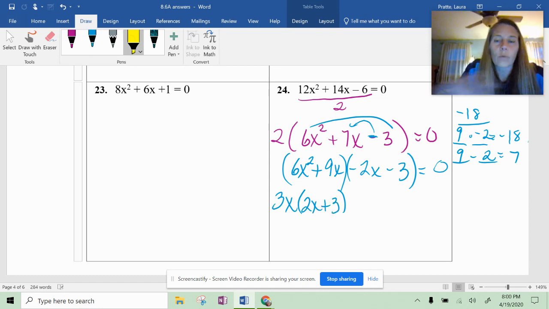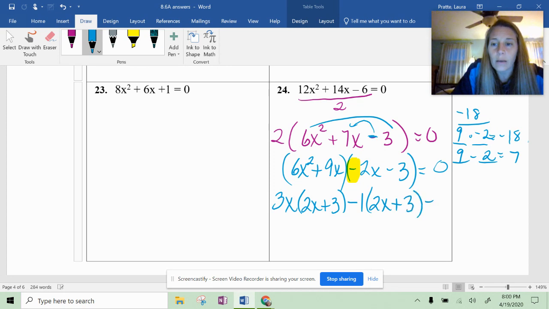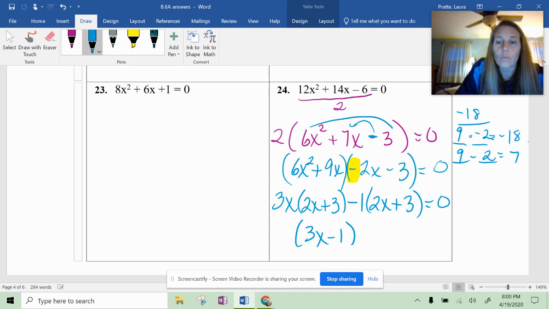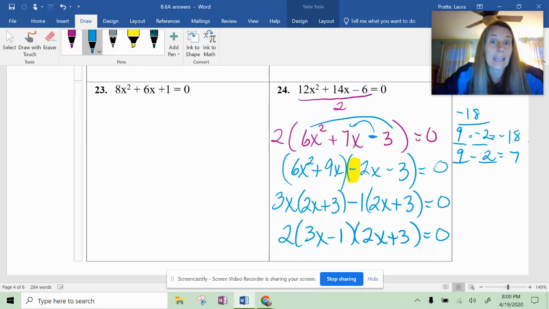Then on the second one here, there's nothing I can divide by other than a 1, but I do have to put a negative on that 1, and then I'm left with positive 2x plus 3. So my final factored answer is 3x minus 1 and 2x plus 3. And I would also put that 2 from the very beginning on that answer if I'm factoring it.